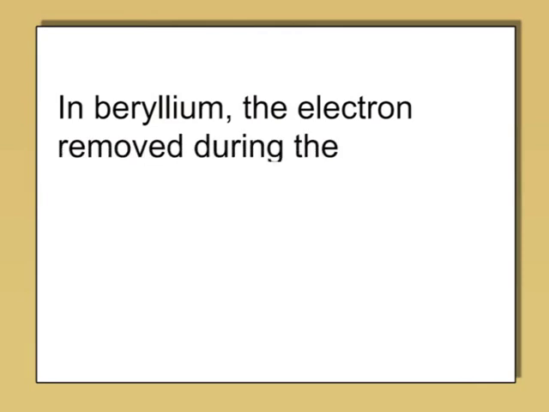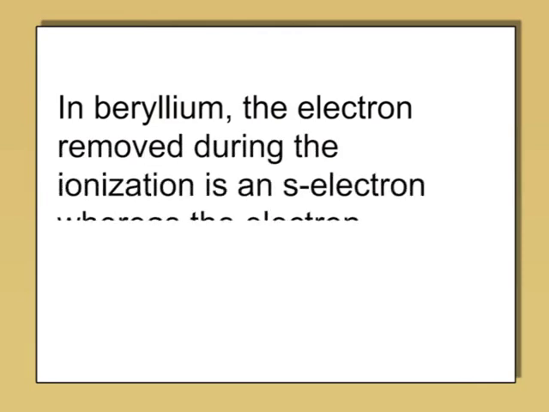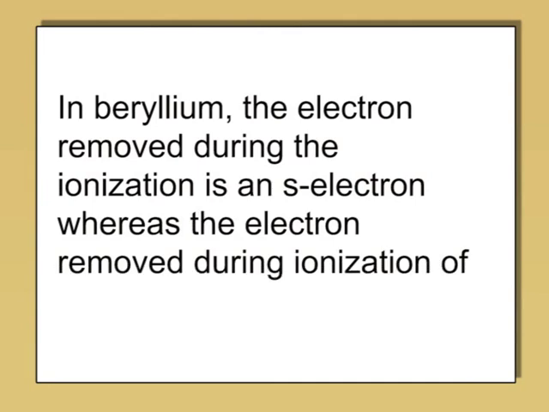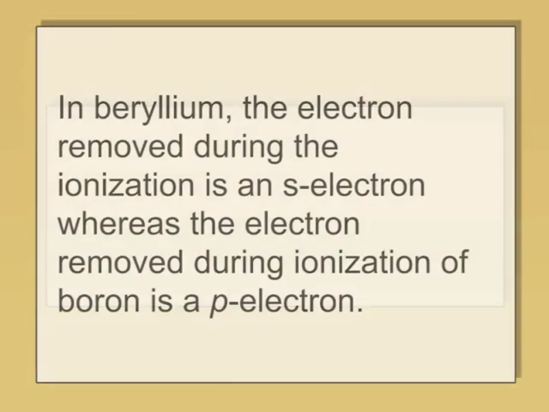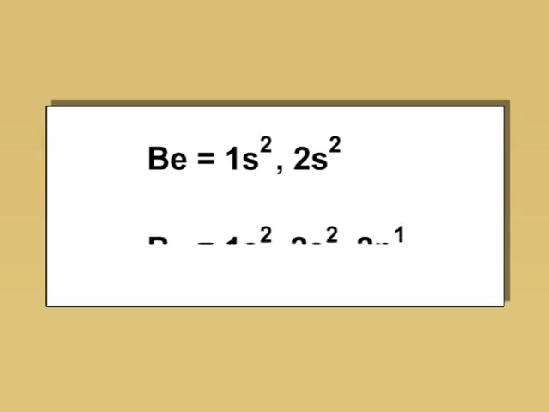In beryllium, the electron removed during the ionization is an s electron, whereas the electron removed during ionization of boron is a p electron. The electronic configuration of beryllium is 1s2, 2s2. The electronic configuration of boron is 1s2, 2s2, 2p1.